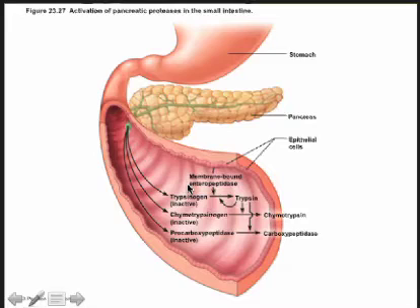Now, what you're looking at here is a diagram showing the relationship between the stomach, the pancreas, and the duodenum. And what we're looking at here are the inactive forms of the proteases that come out of the pancreas. We've got trypsinogen, chymotrypsinogen, and procarboxypeptidase, and these are all the inactive forms of the enzyme.